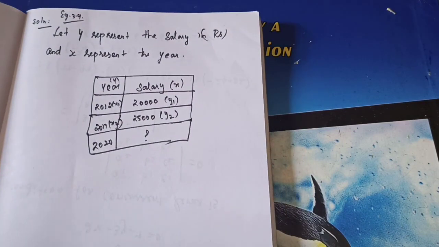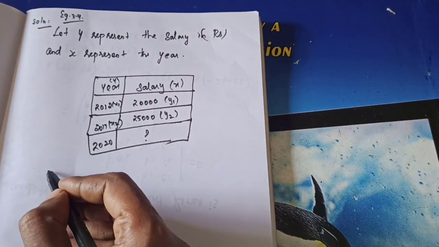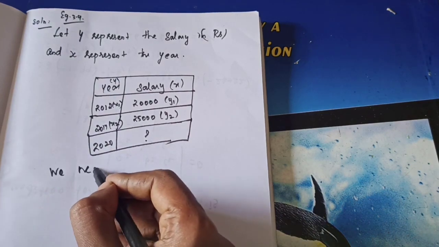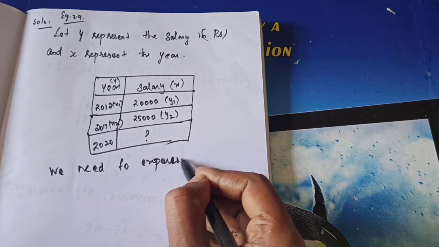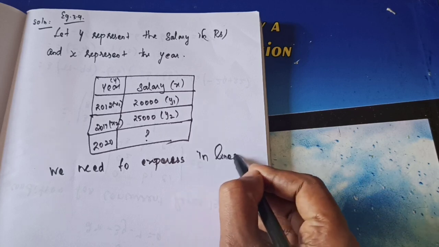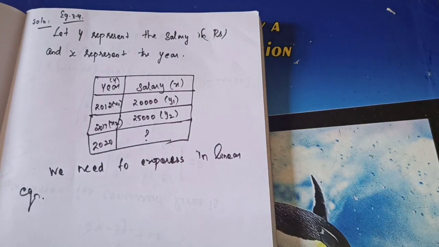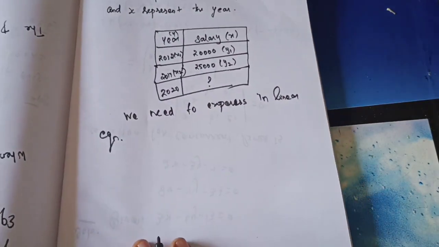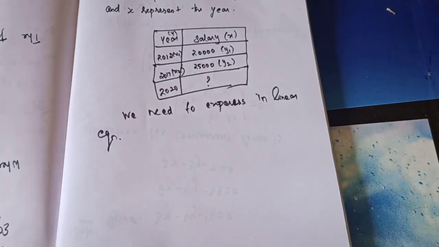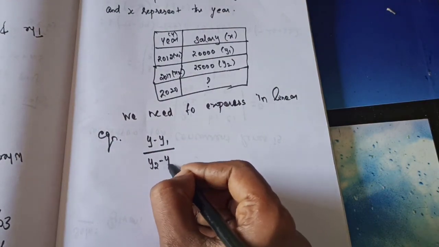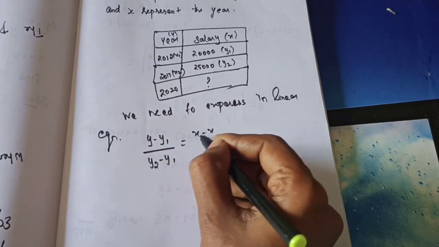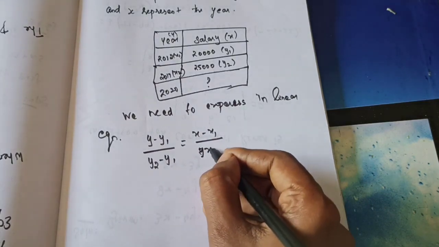We need to express the given information as the equation of a straight line, a linear equation. In 10th standard you learned that when two points are given, there is a formula to form the equation: y minus y1 divided by y2 minus y1 is equal to x minus x1 divided by x2 minus x1.